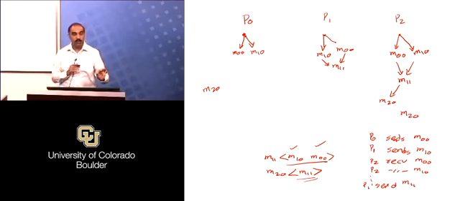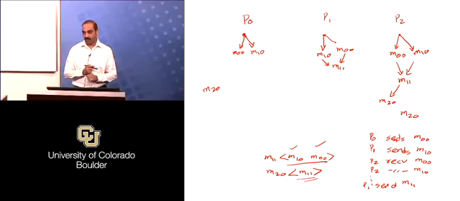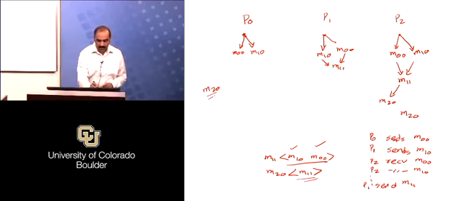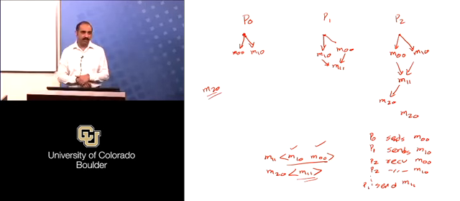I'm going to deliver M20 only after I have received M11. Is that clear? So even though P0 has received M20, it's going to keep it in a buffer separately, but not deliver it.